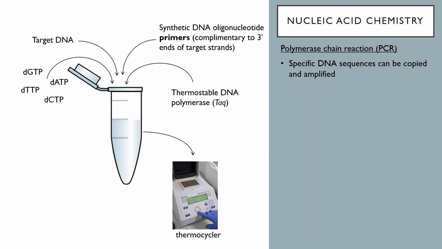Now, when you're studying DNA in the lab, you can take advantage of the way that DNA is synthesized to isolate it and to make copies of it. If you want to study DNA, you can purify it from cells or from a tissue, just like you would any other molecule, like proteins.